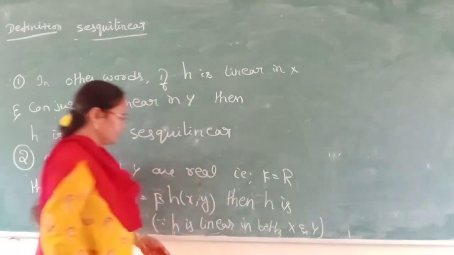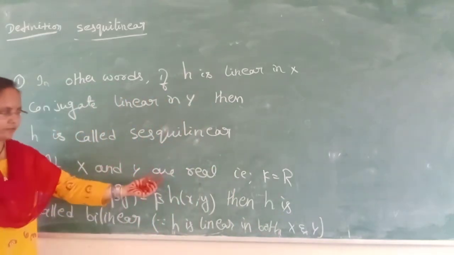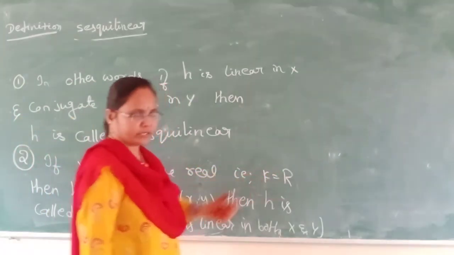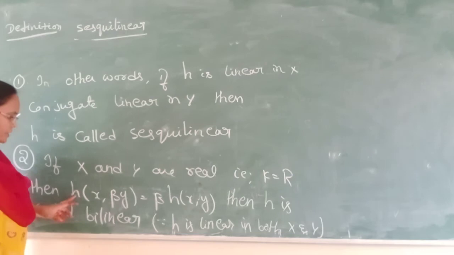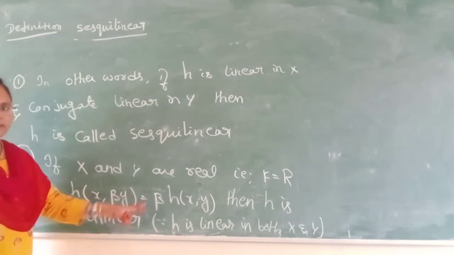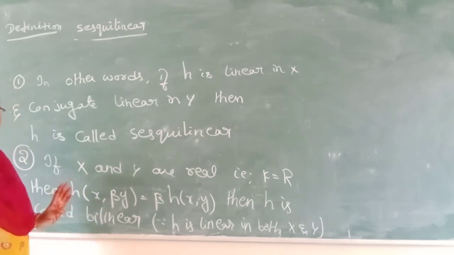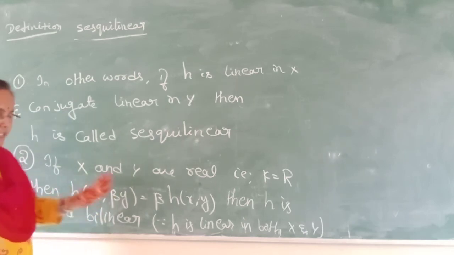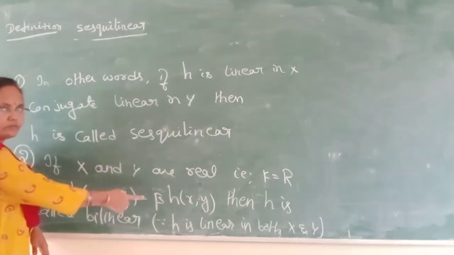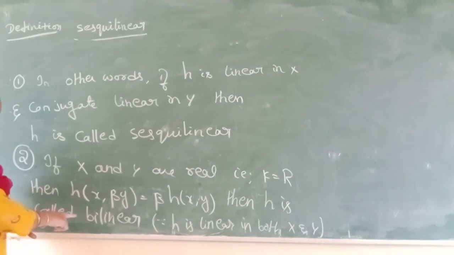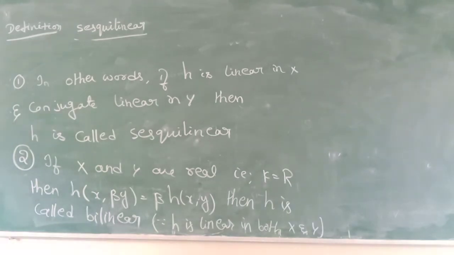So now here x and y both are real vector spaces, and scalar field k is also real, and h satisfies x comma beta y is equal to beta into h of x comma y. Then h is called bilinear, meaning this h is linear in both. Okay, after the definition note down these 2 points also.